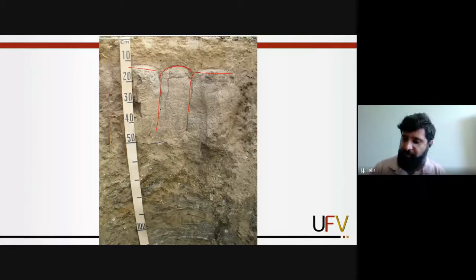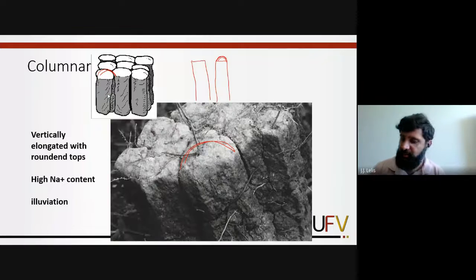They are very common in soils that present high sodium content because sodium helps the elevation of clay from an upper horizon to a bottom horizon, and they create this cap, this hat in a prismatic feature, something like this.